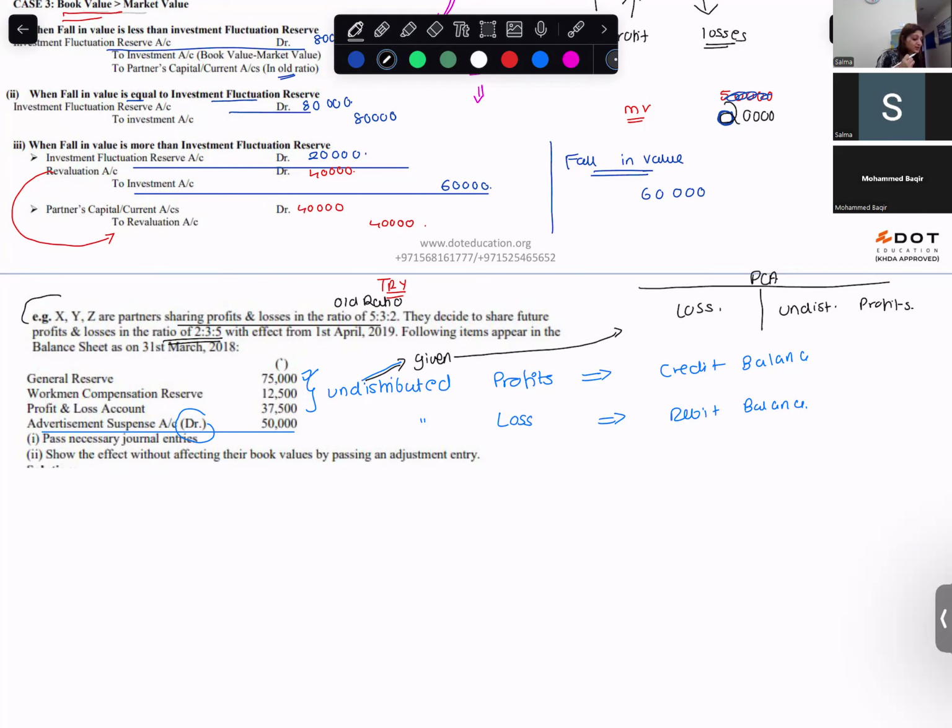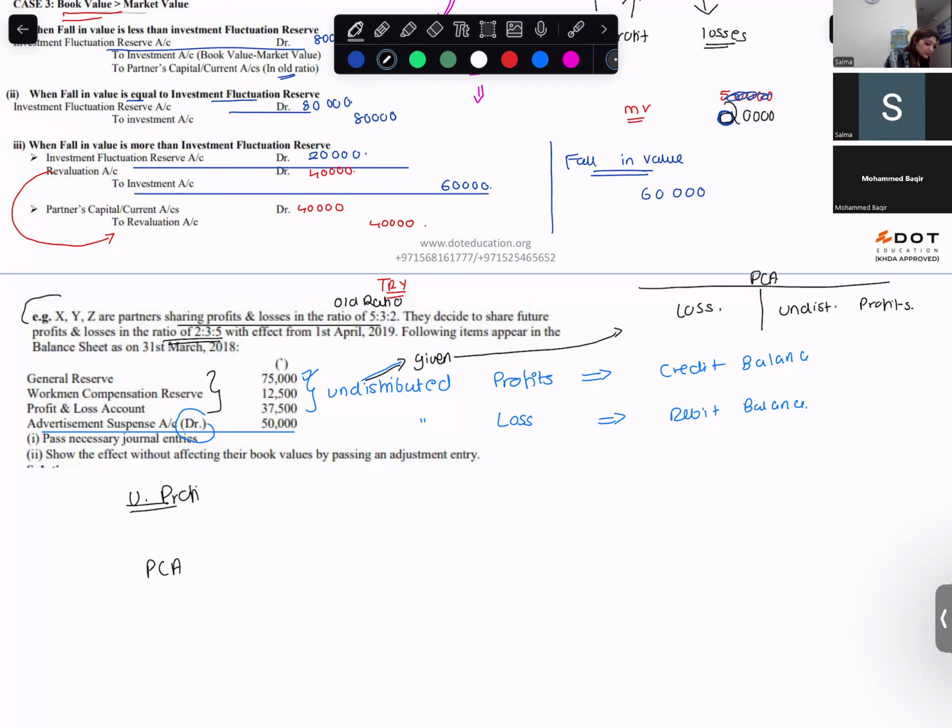So when there is a change in the profit sharing ratio, that means there is a change in the structure. When there is a change in the structure, if nothing is mentioned, the undistributed profits would go to the partners' capital credit side, and undistributed loss would go to the partners' capital debit side. So undistributed profits will go to the partners' capital account, which side?